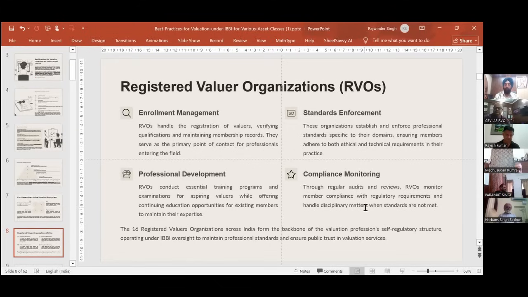So these 16 registered valuer organizations across India form the backbone of the valuation profession's self-regulatory structure, operating under IBBI oversight to maintain professional standards and ensure public trust in valuation services.